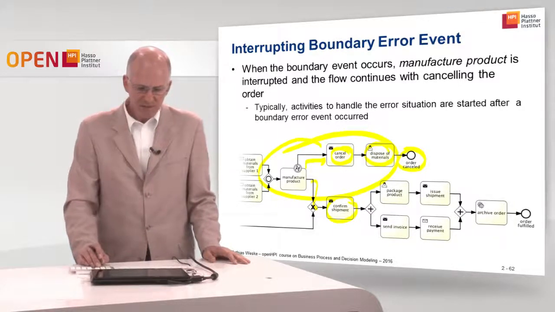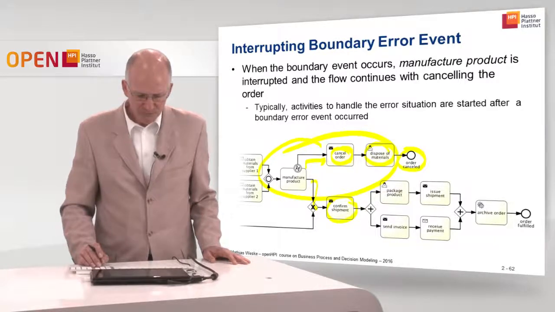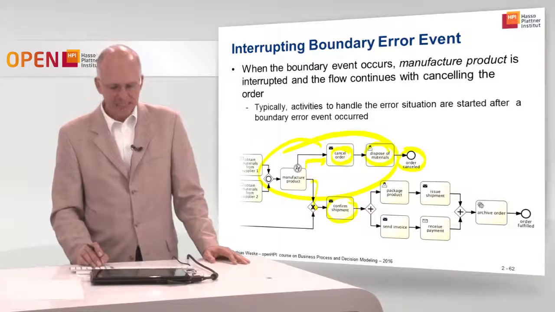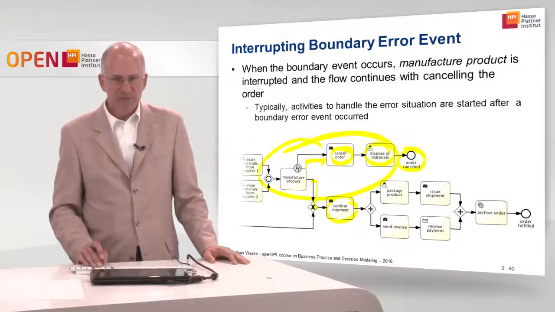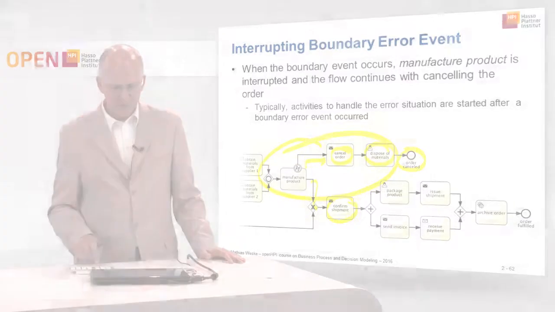Typically, events or activities to handle the error situation are started after a boundary error event occurred. So these are typical error handling activities that are executed after a boundary error event has occurred.